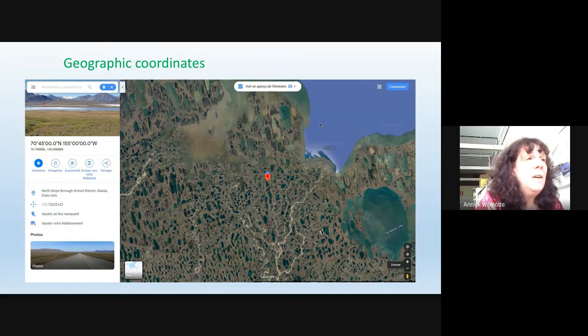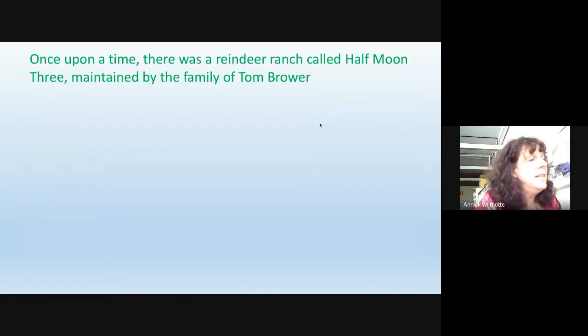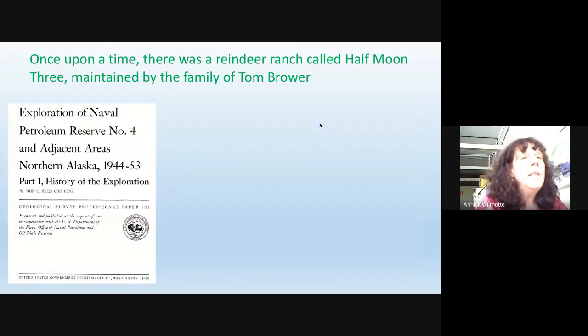And then concerning the place, in the next slide, you can see that once upon a time there was a reindeer ranch called Half Moon Tree, maintained by the family of Tom Brower, that can be read in the report of the exploration of Naval Petroleum Reserve number 4, which was written by Geological Survey and US Department of Navy. So they explored the region and they made a very informative report.